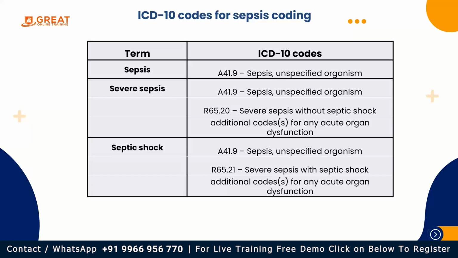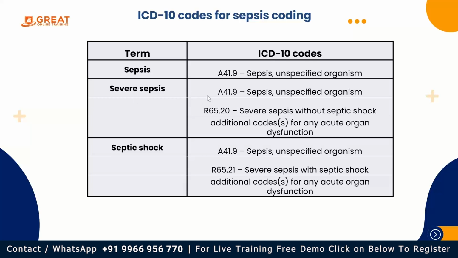There is one instruction telling you to use an additional code for acute organ dysfunction, and to code first the underlying infection, which we have coded with A41.9. Code first means we have to use that particular code before R65.2.